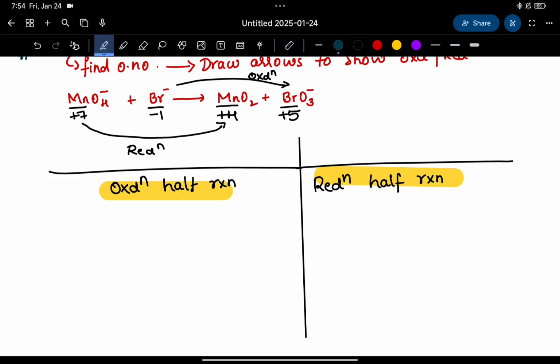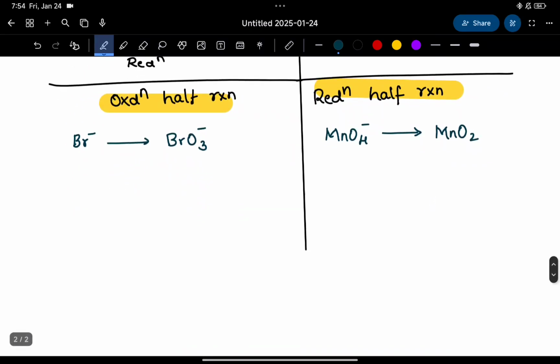Here the oxidation half reaction is Br minus getting converted to BrO3 minus. Whereas the reduction half reaction is MnO4 minus getting converted to MnO2.